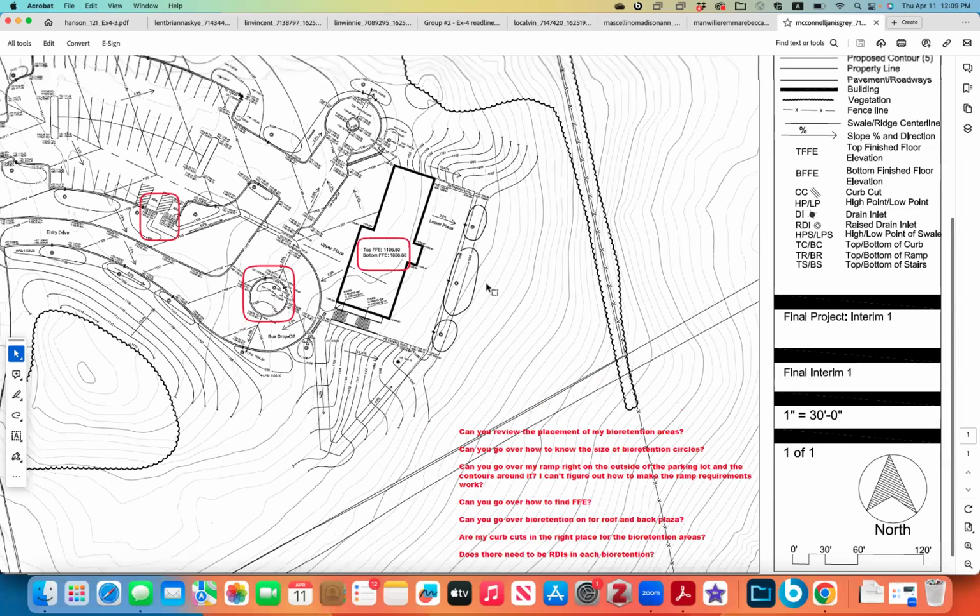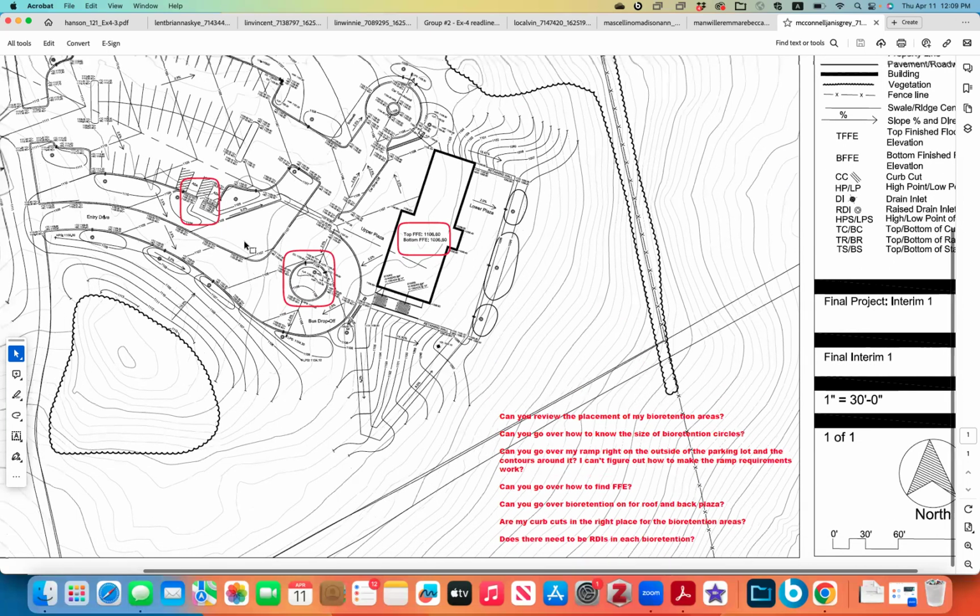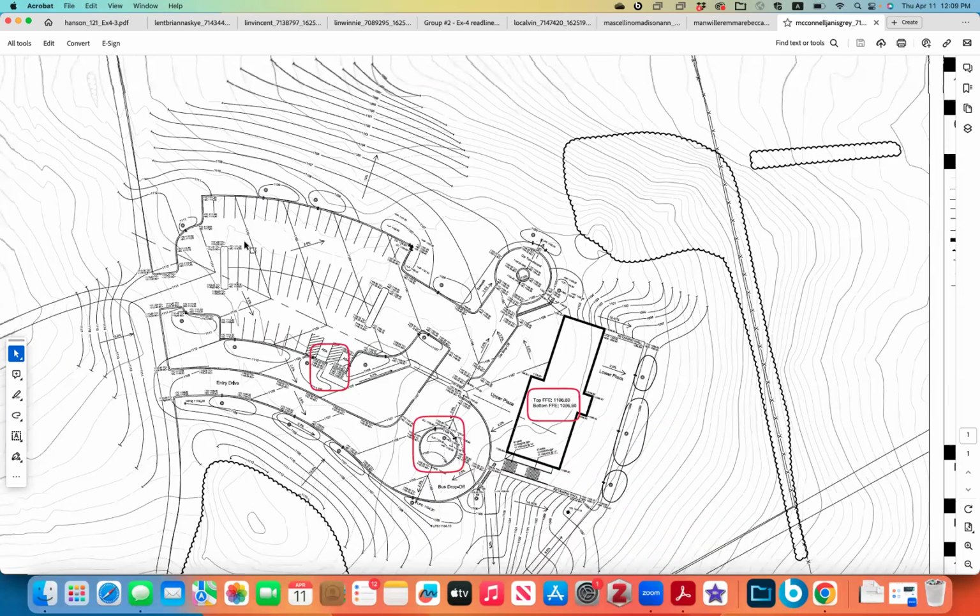Okay, so let's go from the top. Review the location of the retention area. So one, two, three, four, 5, 6, 7.